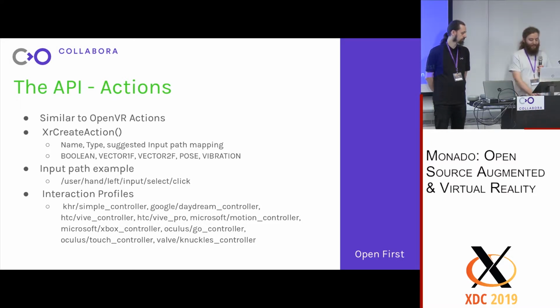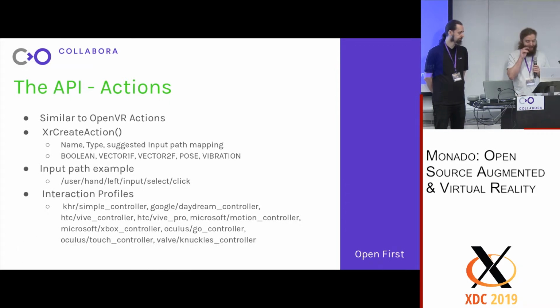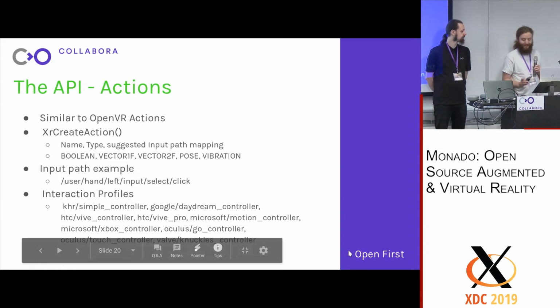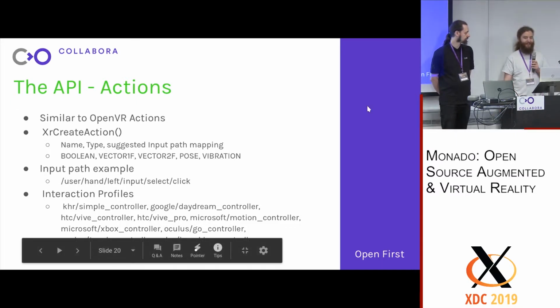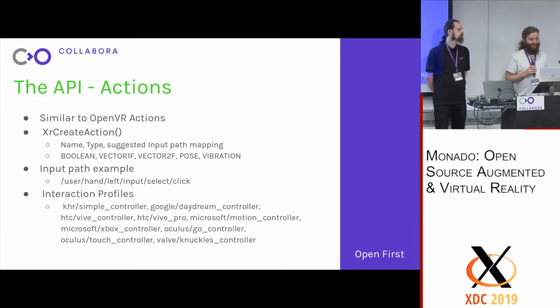So if you have a controller with a few buttons and you want to set that up in your application, there is no fixed binding like you have with traditional controllers like a mouse. With a mouse, you have left button, right button, and there's button 1 and button 3. And for XR, we have so many different controllers. Maybe you have no controller at all and just track the fingers like that without any controller. So we have a much more flexible framework.